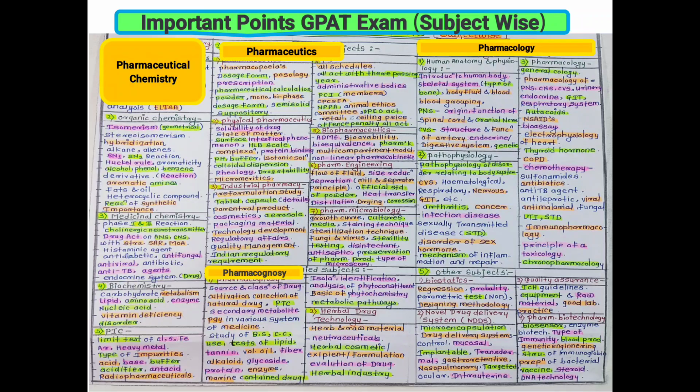So this is very important in pharmaceutical jurisprudence, as well as the DTAB, PCI constitutions, the Narcotic and Psychotropic Act. Various acts and their rules and penalties you have to remember in pharmaceutical jurisprudence.